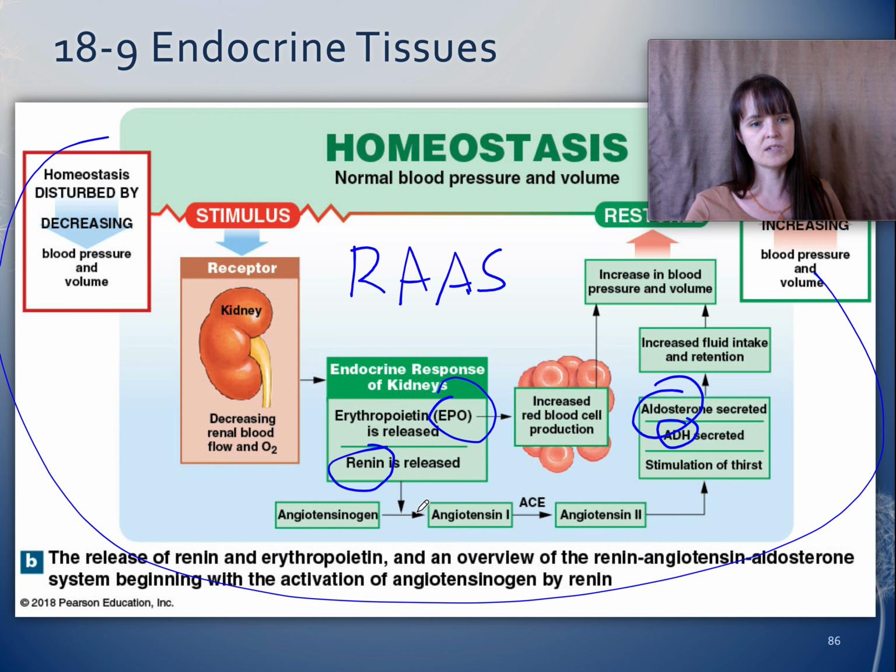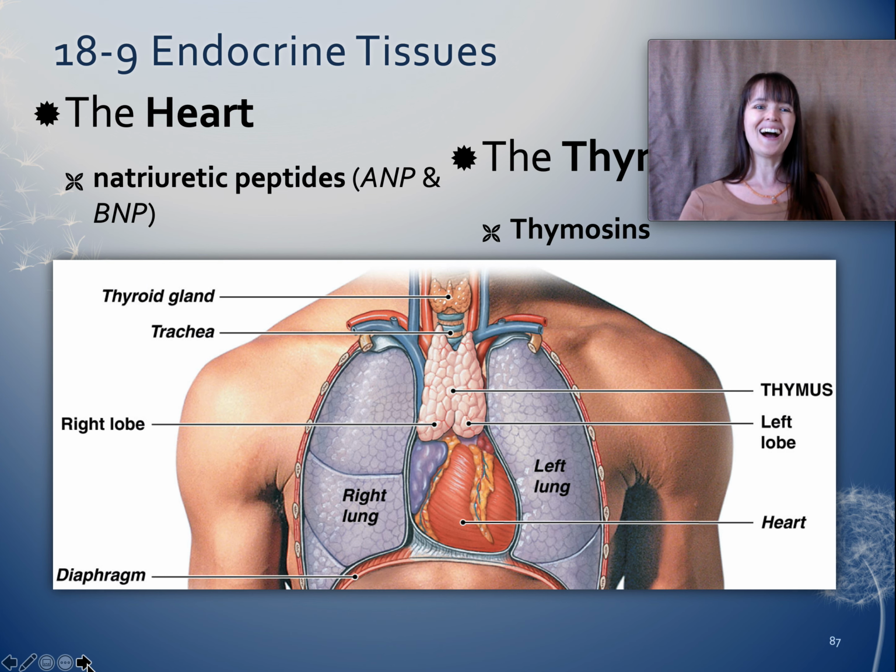There's another one in there somewhere. This all increases blood volume and increases blood pressure. What about when your blood volume and blood pressure are too high? Well, then you will stretch out the heart and it will release natriuretic peptides.